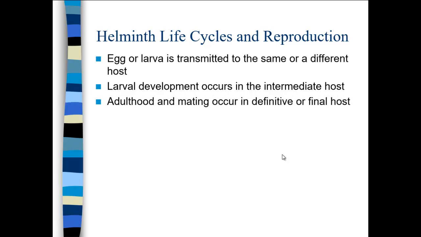And then adulthood and mating occur in the definitive or the final host. And these hosts, the intermediate and final host, can be the same person that is basically just cultivating these worms throughout their life cycle, or they can be transmitted from person to person, where you have a different intermediate host that is developing the larva, and then the final host is developing the adult and then holding a little sex party so they can mate. Okay, so they can be the same or different.